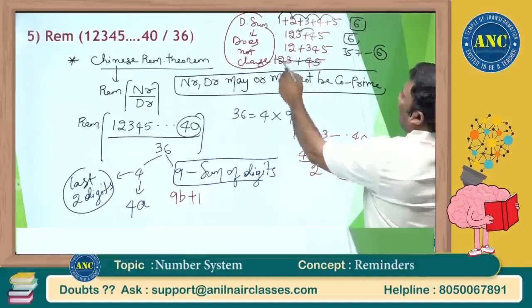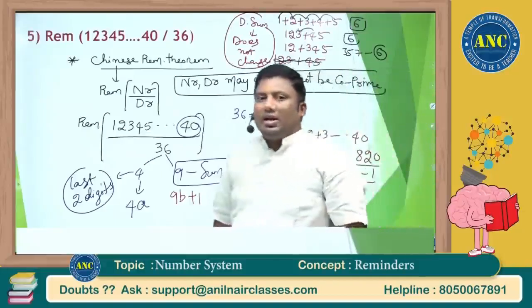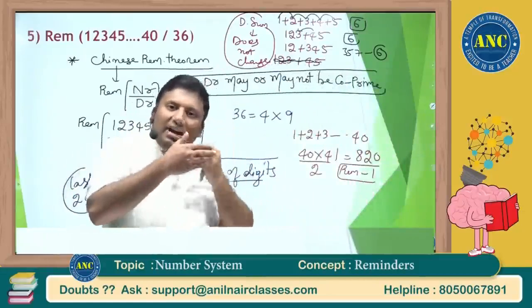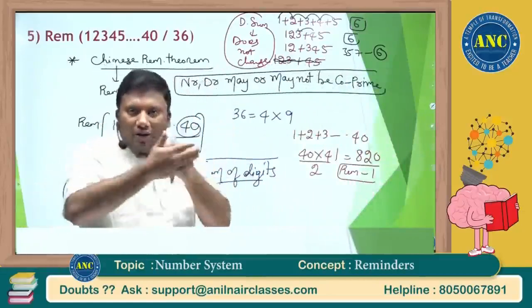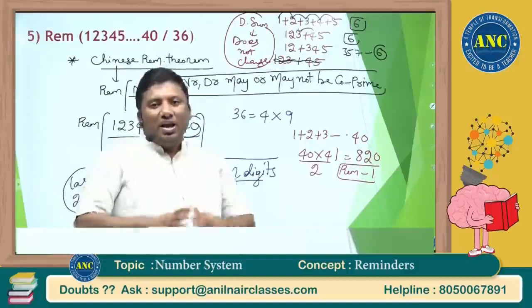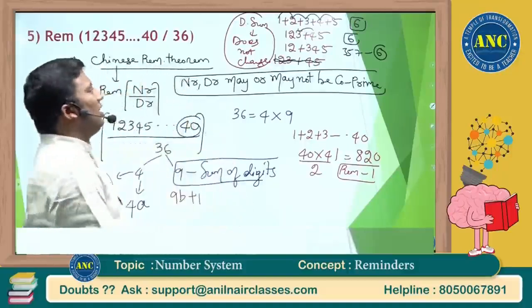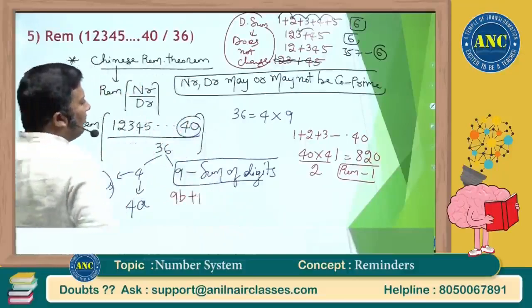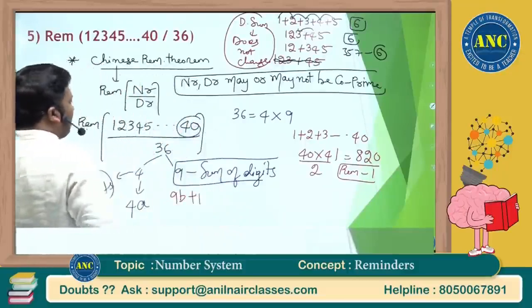So it really does not matter whether you add single digits first, then two digits. In whatever order you add, the value of the sum of the digits will not change.